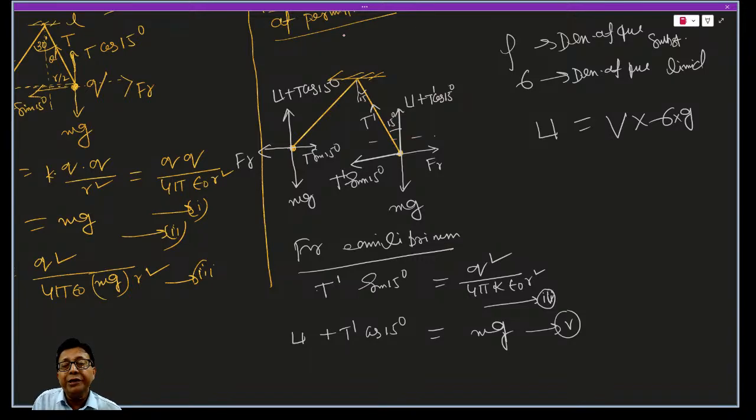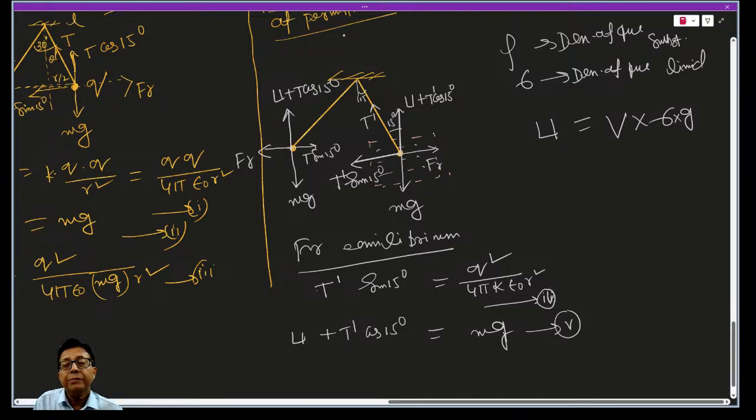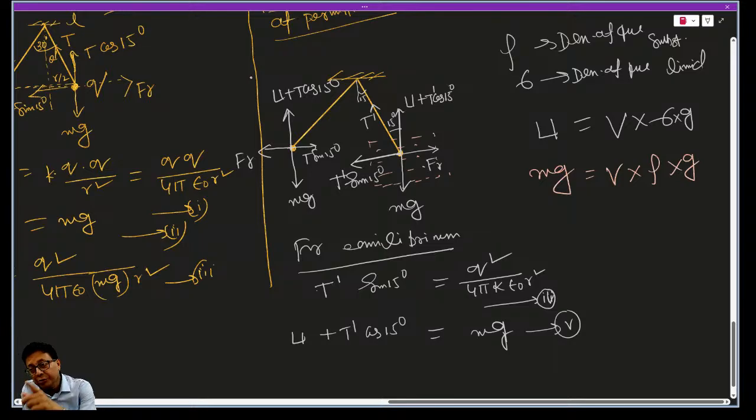Or the ball only? They have told this ball is submerged in a liquid of density given. So upthrust U is V sigma G. Mg is what? Then mg will be V into rho into G, because rho is the density of the body, and volume into density into G will be the weight. Am I correct?